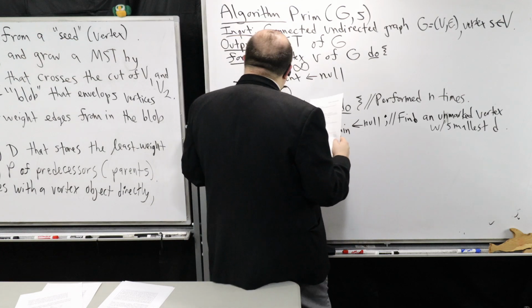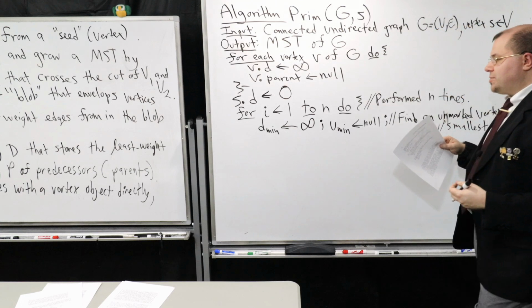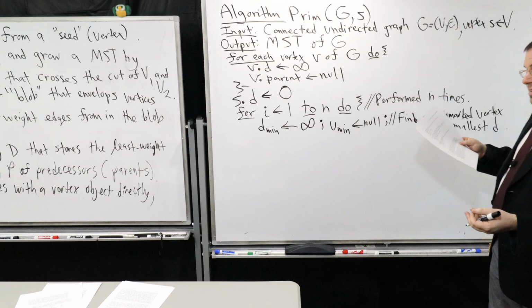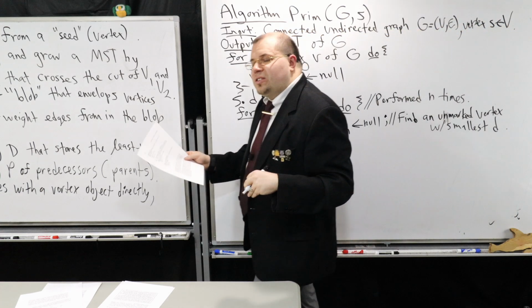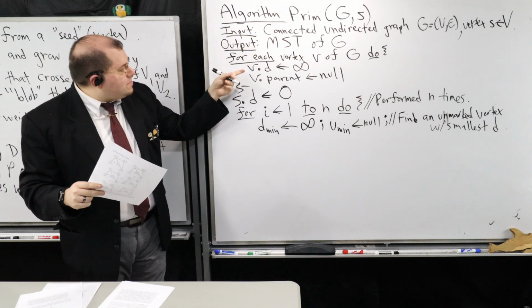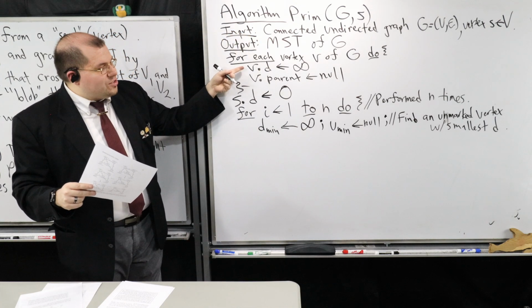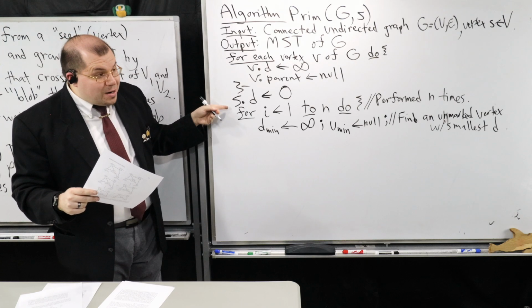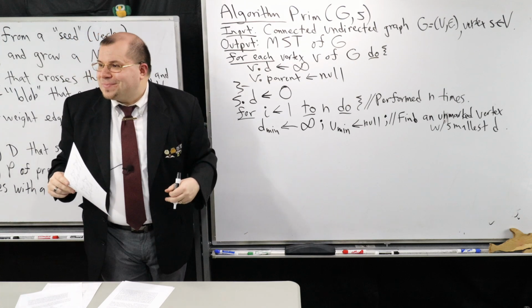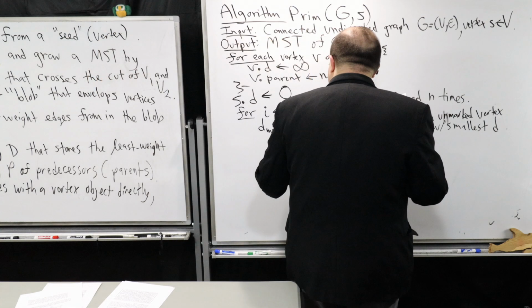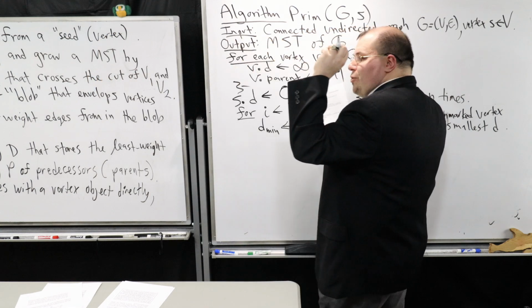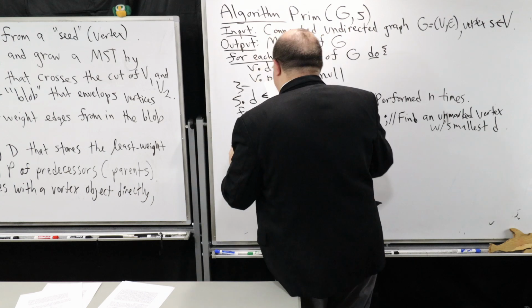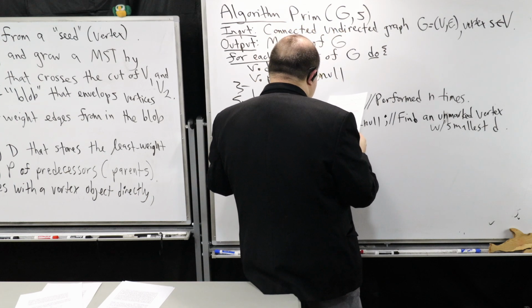So I'm just going to presume I have all of these going through all of my vertices, and I'm just going to pick the one with the smallest value. But you'll notice at the beginning of this process, all of them start off as infinity. So if I set the start one to be 0 for its D value, you know you're going to pick S first, right? So the blob is just going to say, I'm going to consume S. So that's what's going to happen in the first iteration of this.